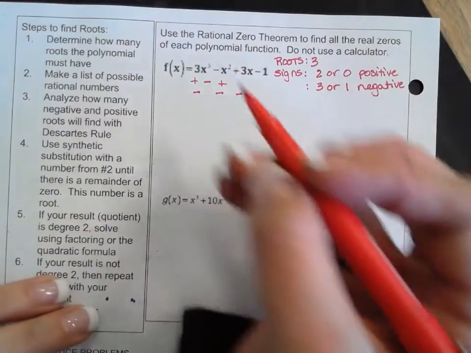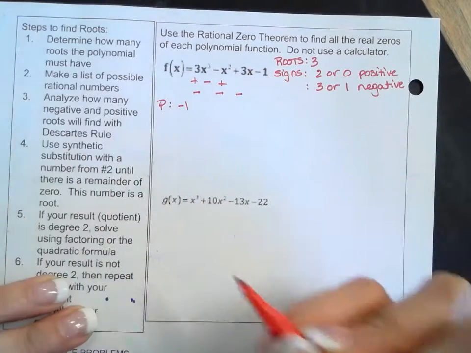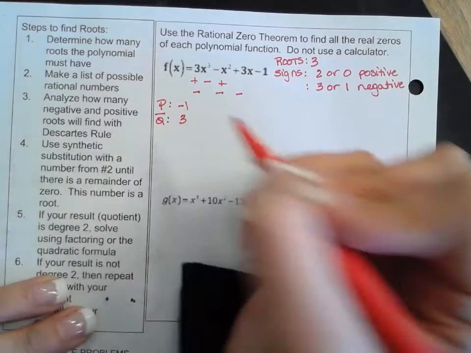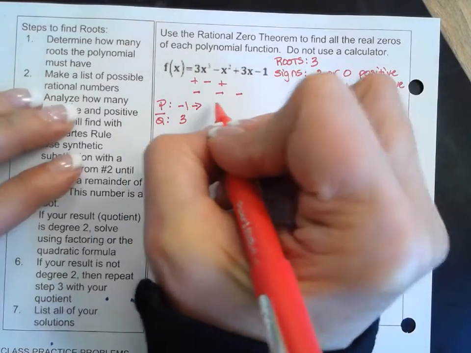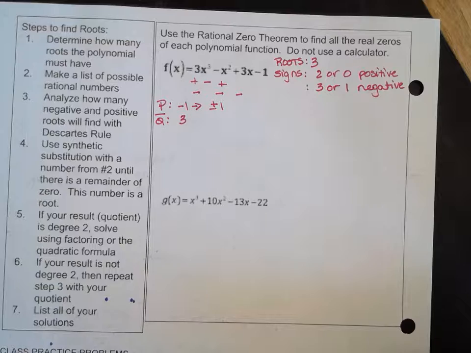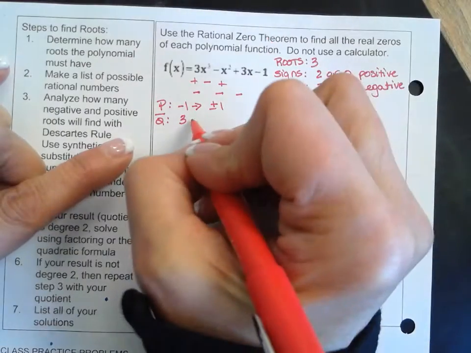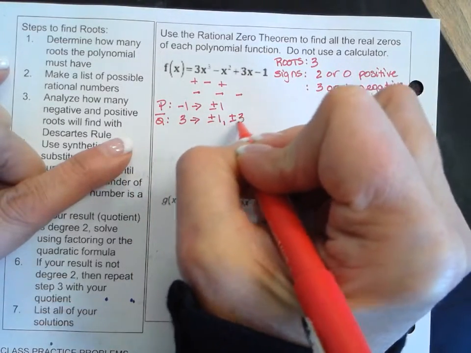Alrighty, so here we go. My P is -1, and my Q is 3. So my factors of -1, that's easy. It's just plus or minus 1. Okay? And then my factors of Q are going to be plus or minus 1 or plus or minus 3.